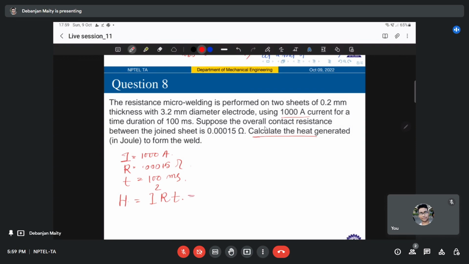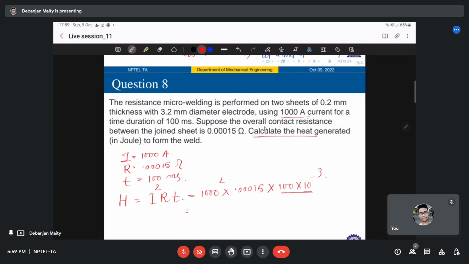So your I value is given as 1000, that into 0.00015, that into 100 into 10 to the minus 3. So this is in seconds, right?